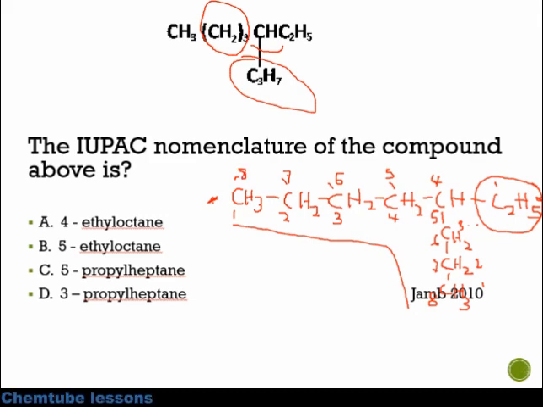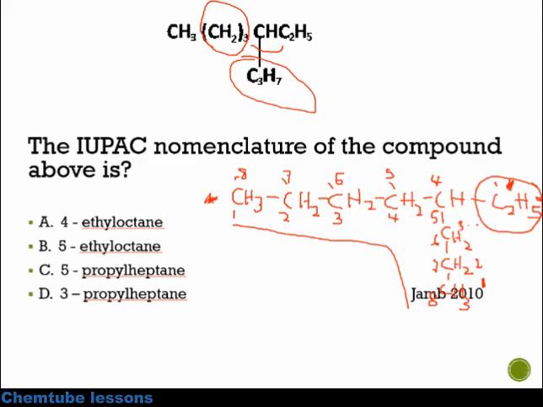The reason we are numbering from the right to the left is because we want the substituent to have as low a number as possible. If we number from left to right, the substituent is going to be on the 5th carbon. But if we number from right to left, the substituent is going to be on the 4th carbon.